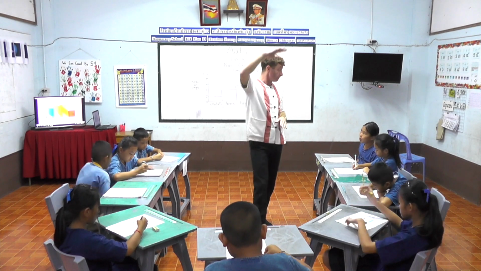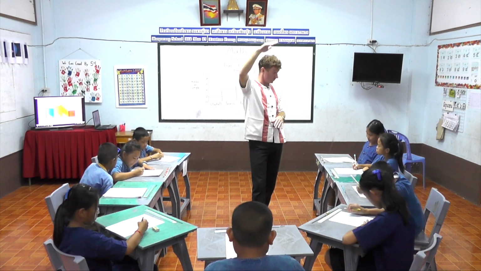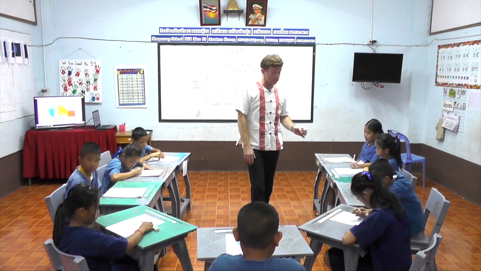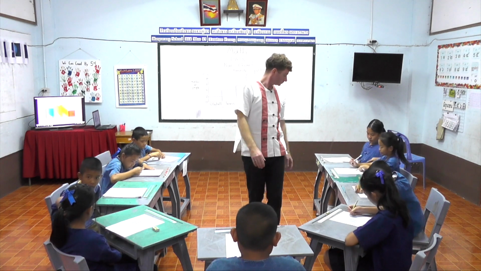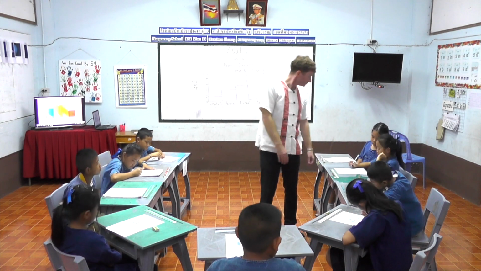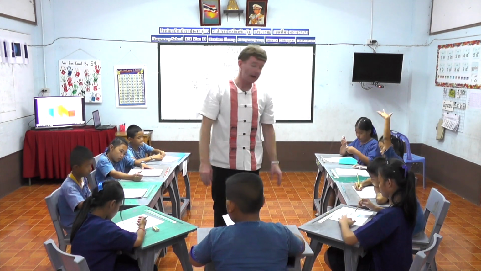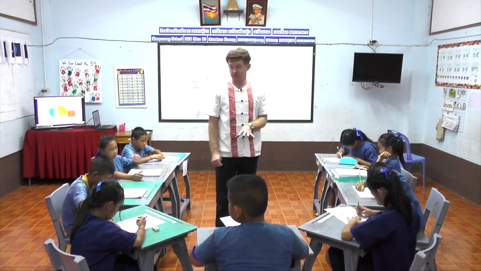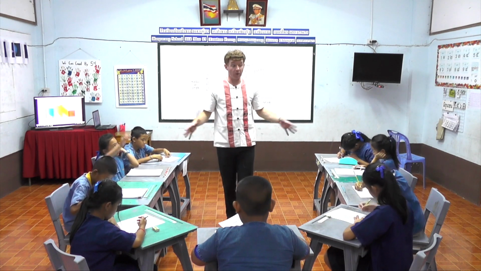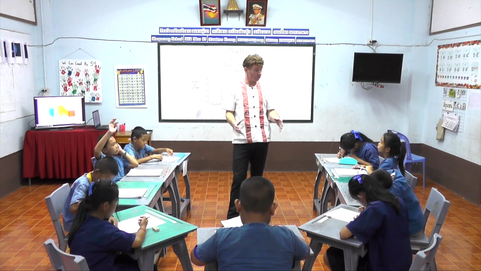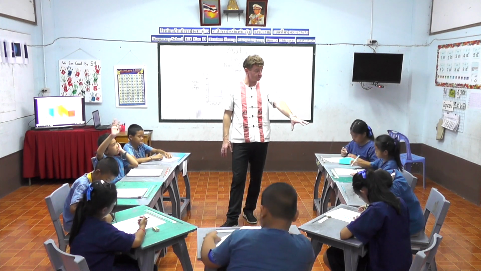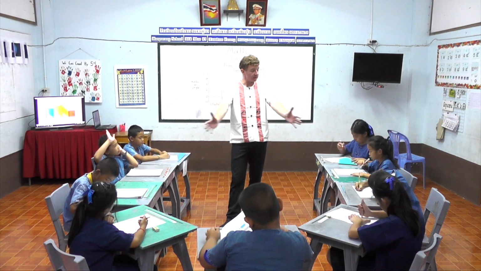So we know the biggest bar is the highest number. The drum sold the most. Yes. And then number 4, how many elephants and drums were sold in total? So take the number of elephants, the number of drums, and add them together.